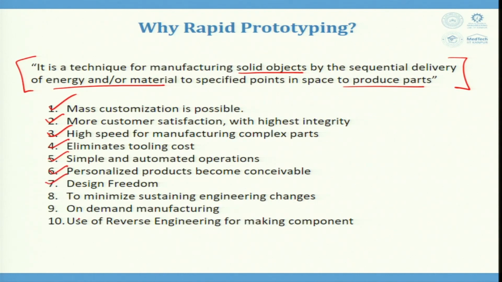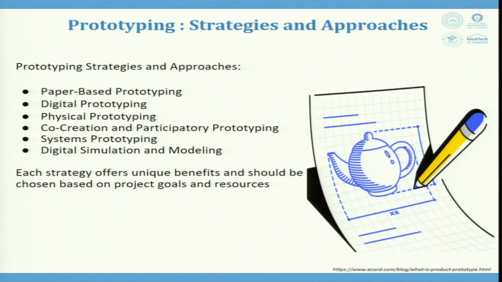We will see at the end of the slides why design freedom is better in rapid prototyping, to minimize sustaining engineering changes, and on demand manufacturing, that is customization is again possible, and use of reverse engineering for making components. These are a few of the benefits of rapid prototyping, which makes it a technique that is unavoidable when we are talking about social innovations.